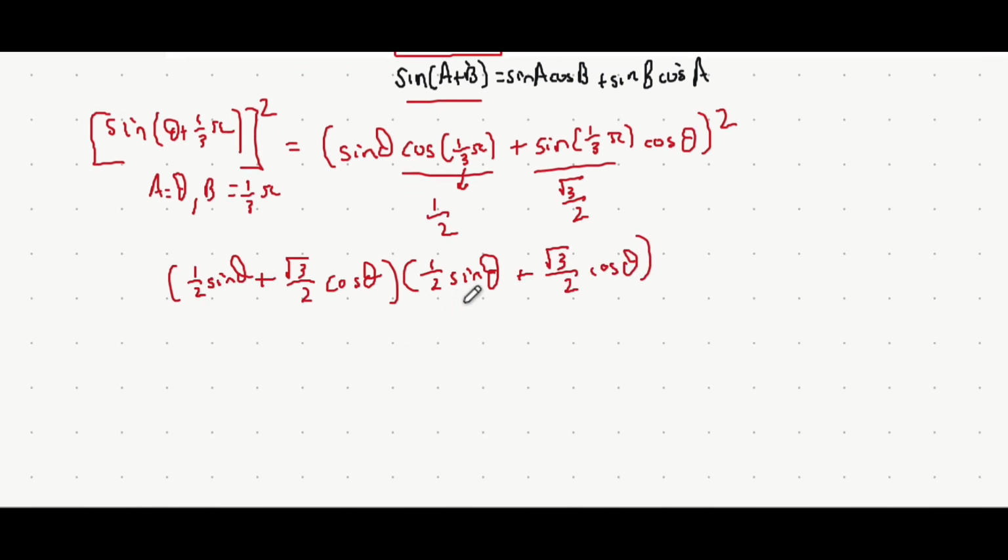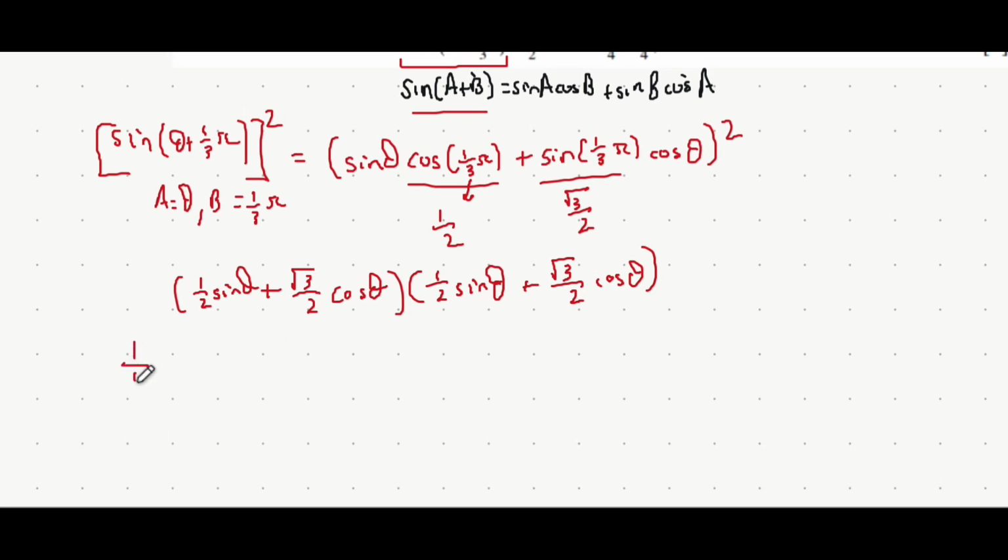So a half sine theta times a half sine theta is a quarter sine squared theta. A half sine theta times root 3 over 2 cos theta. Well, a half times root 3 over 2 is root 3 over 4 when you multiply the tops and bottoms of the fractions together. And then we have sine theta cos theta. When we multiply root 3 over 2 cos theta with a half sine theta again, we get the same thing, root 3 over 4 sine theta cos theta.